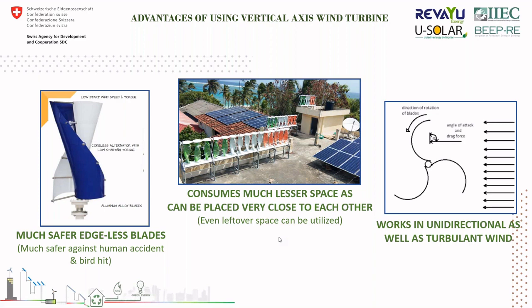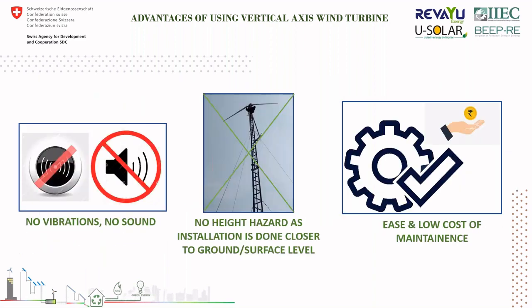That's the reason at many places it has been used in the center of roads where traffic passes by, and the turbulent wind created by the traffic also generates power. So that's another advantage of these vertical axis turbines, and they are silent too. So, very little vibration and no sound.